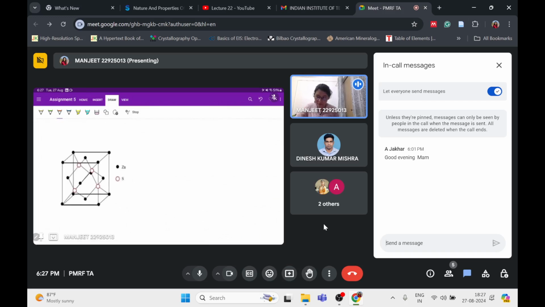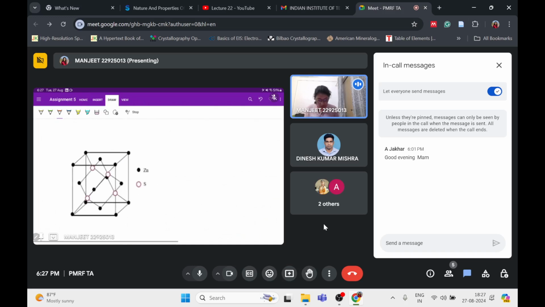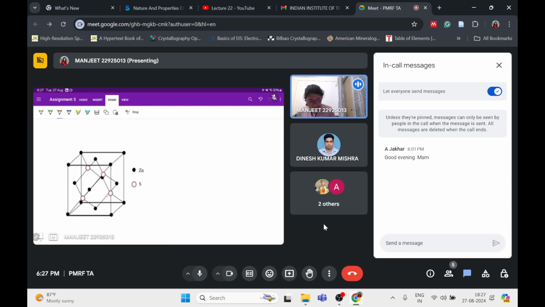If I see, who is filling this one? So this is the zinc blende structure, where my zinc ions are occupying the FCC lattice, I mean at the corner as well as the center of the face, and this zinc is connected to the sulfide.